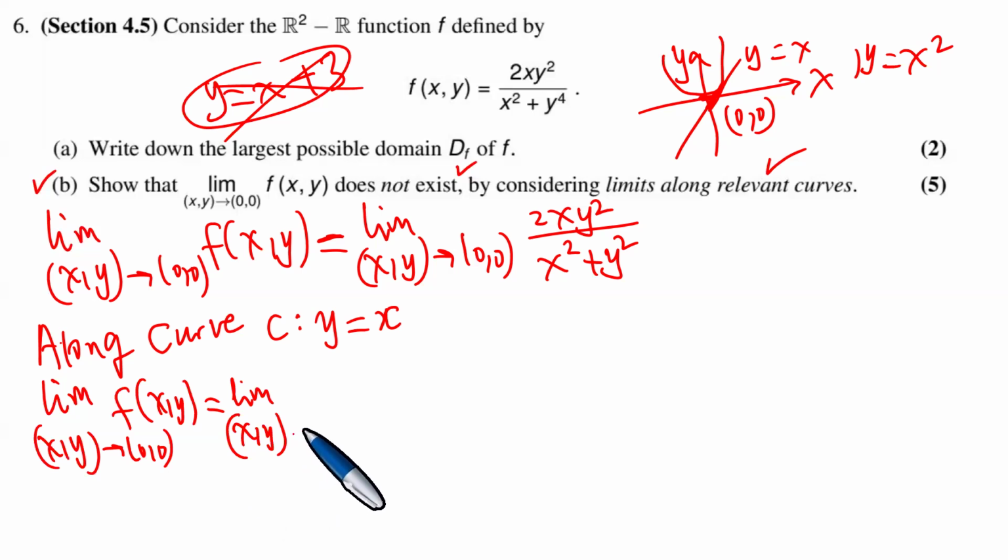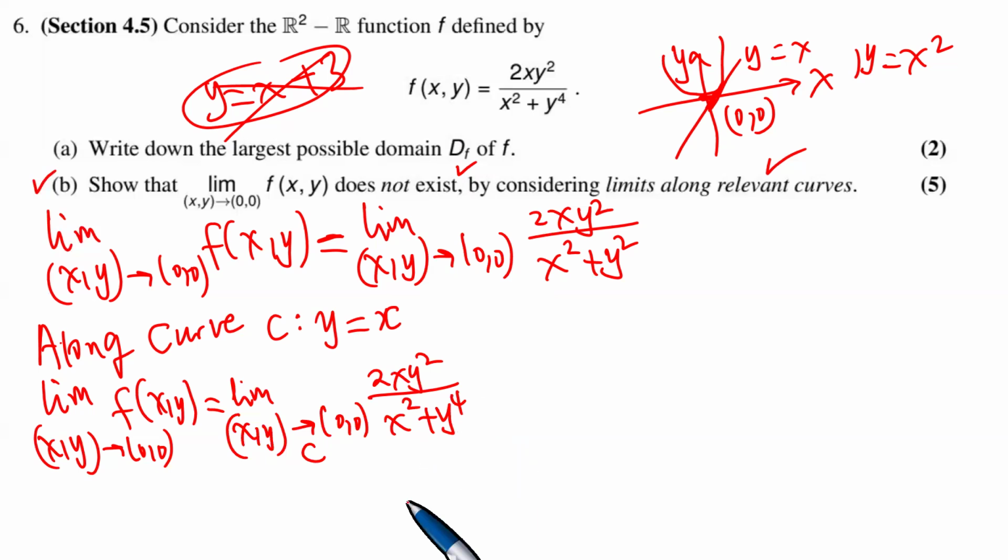This is going to be the limit as this approaches 0 along the curve C, of f, which is 2xy squared divided by x squared plus y to the 4th power, with y equals x.